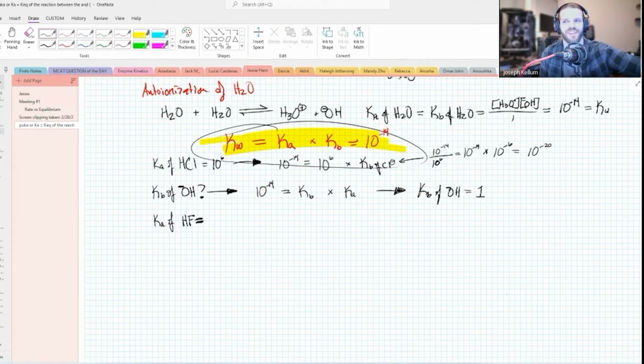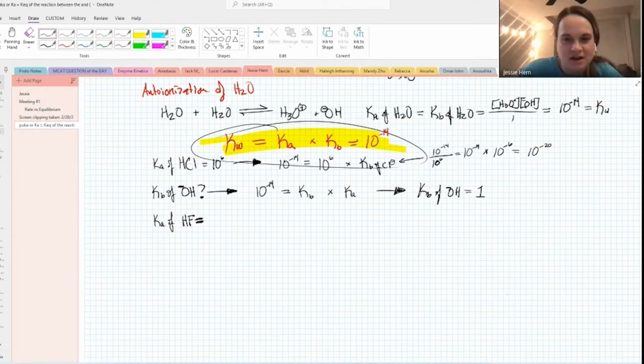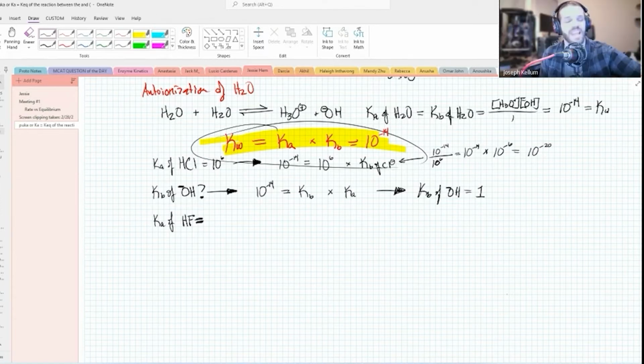Or 10 to the minus, because 10 to the 1/2 would still be about 3.2, which is still a strong acid because it's greater than 1. So 10 to the minus 2. Yeah, that's closer. And that's about as much as you could predict right there.